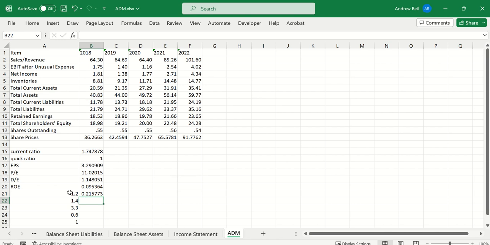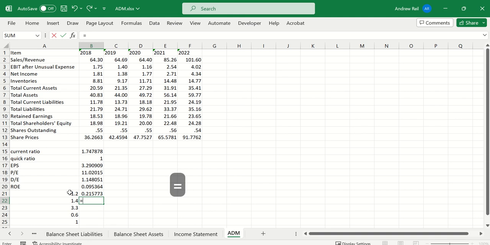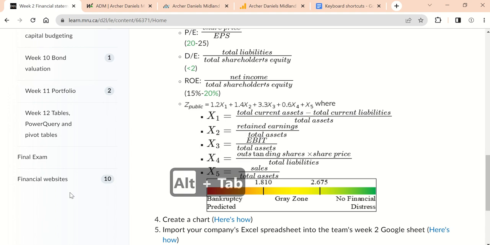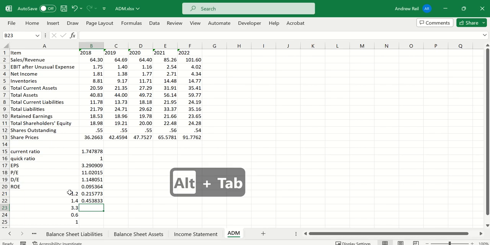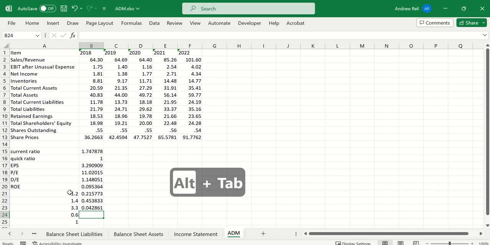And then the next factor is retained earnings divided by total assets. And the next one is EBIT divided by total assets.